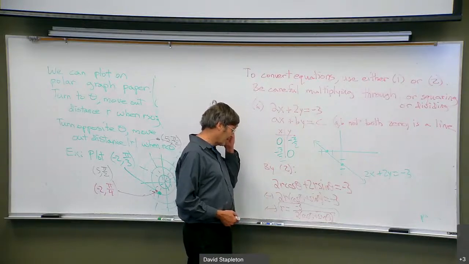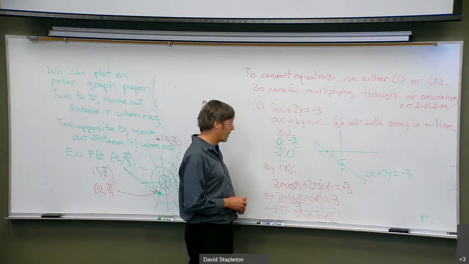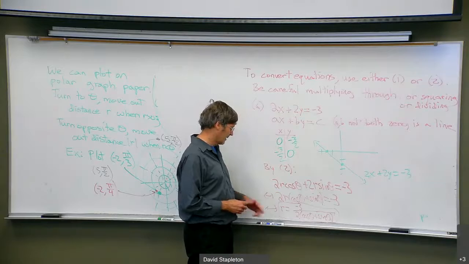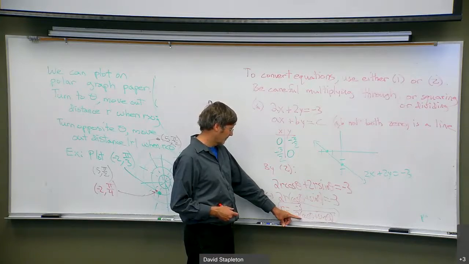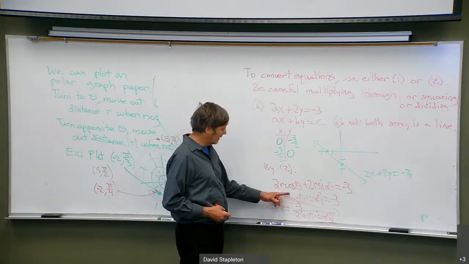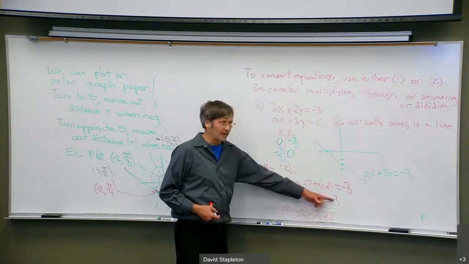Well, it's actually okay. This equation didn't have such a solution anyway. If cosine theta plus sine theta was equal to 0, you can't make 2r times that equal -3, right?